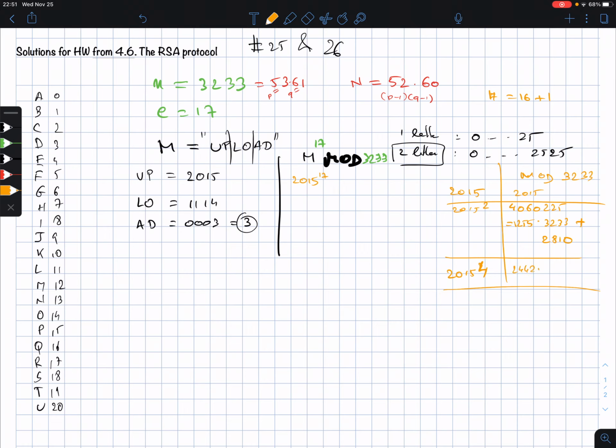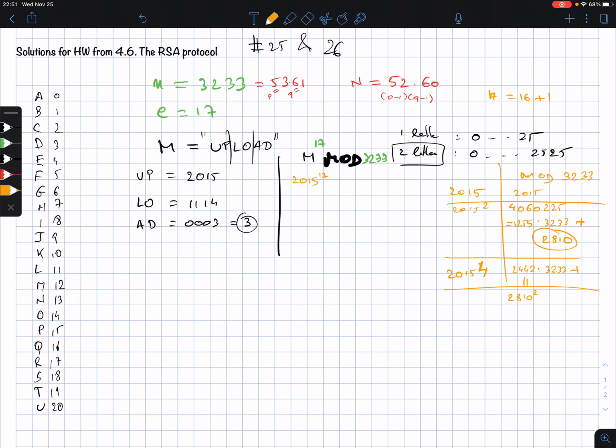It's 2008-10 squared, sorry, equal to that plus 2442 times 3233, that is that.